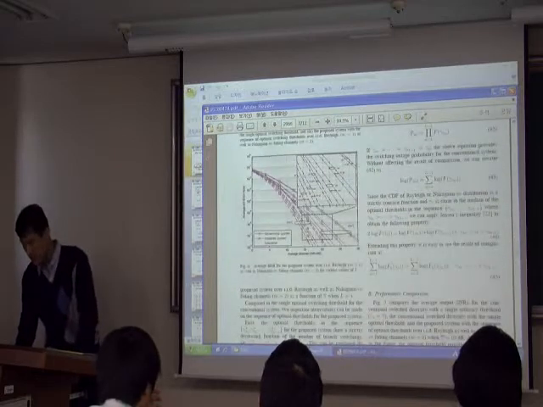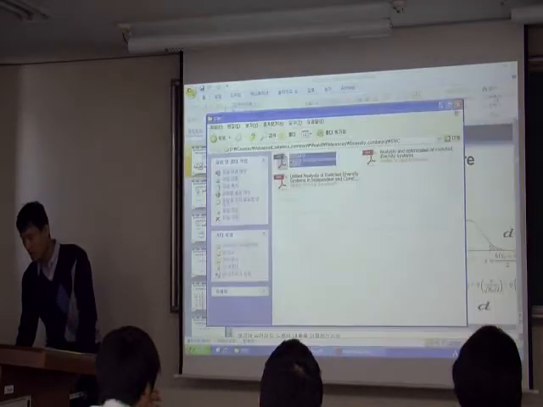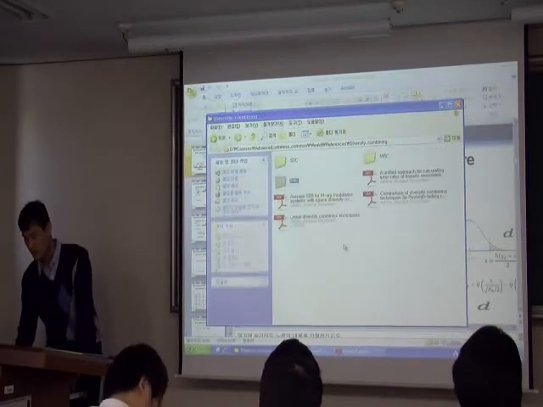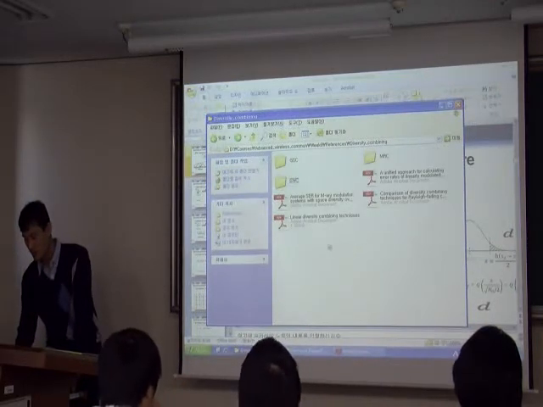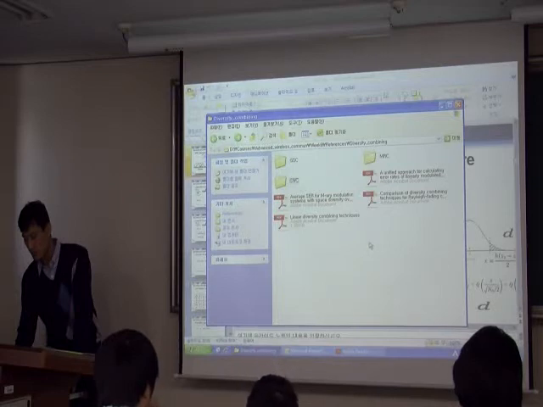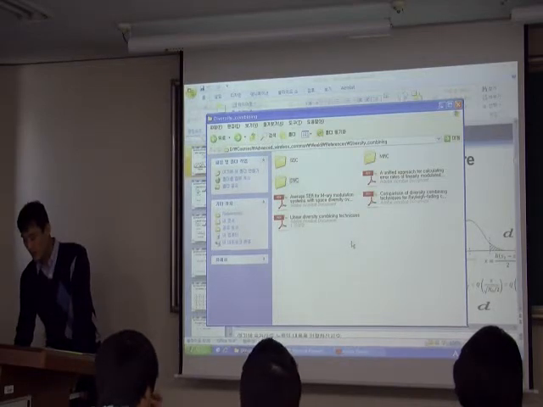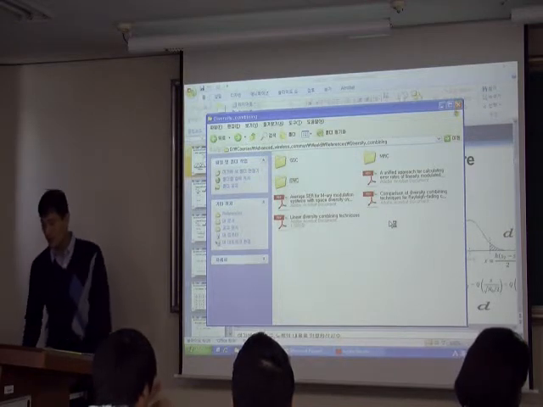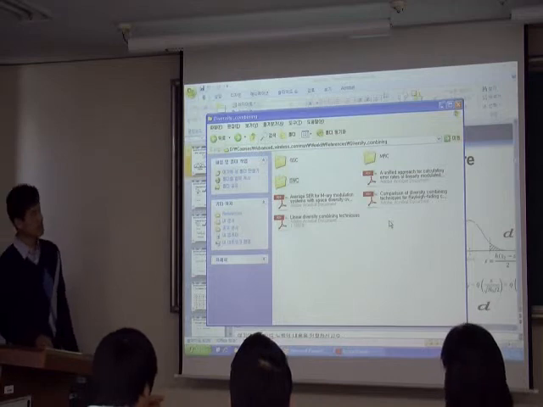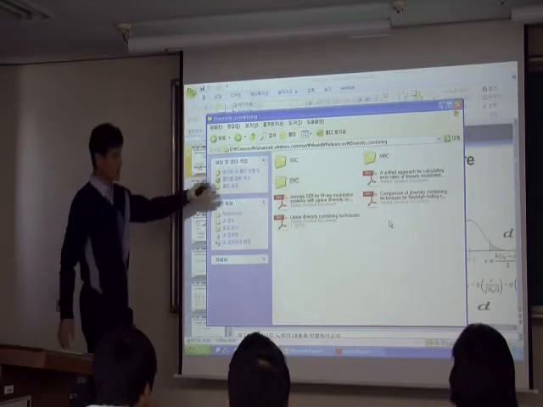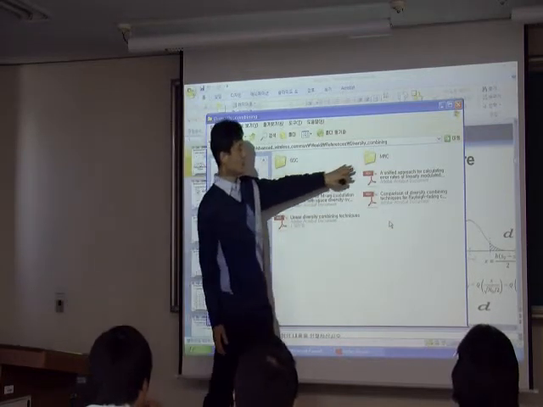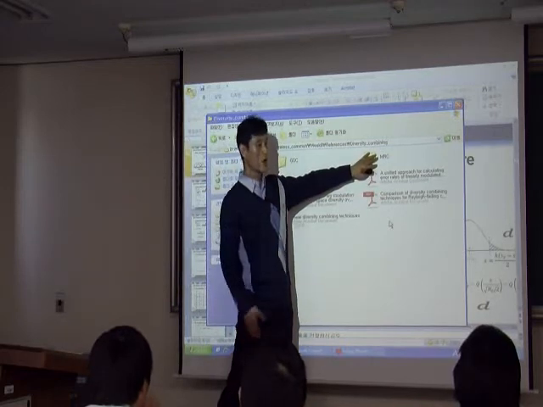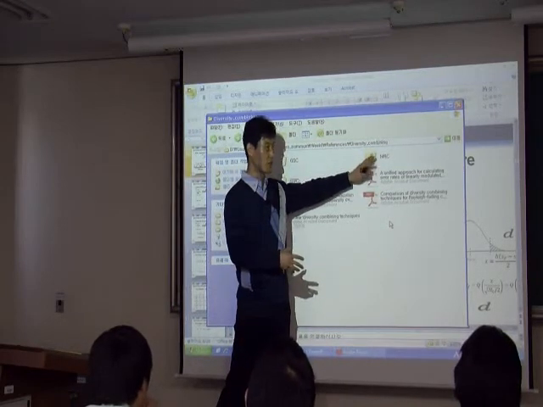So I'm just trying to show you what people have done and what kind of approach they use to write up papers. I don't have it here, but there are also a lot of papers about this. For example, when they analyze MRC, what if we have correlation between the antennas?